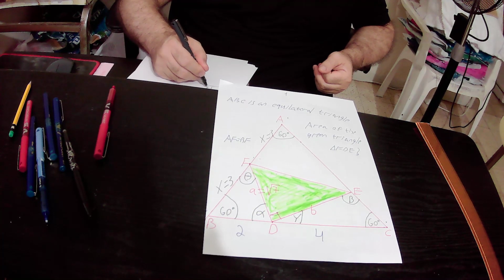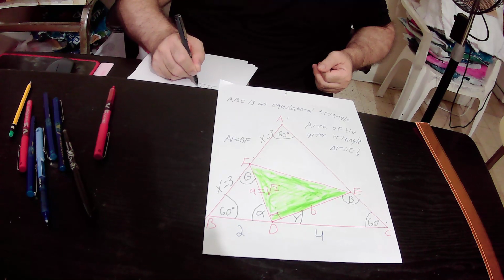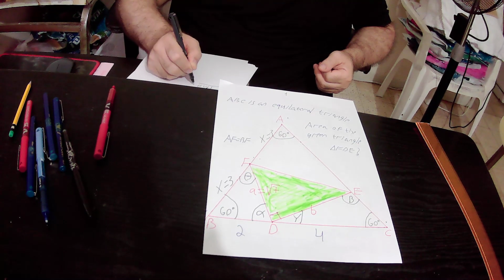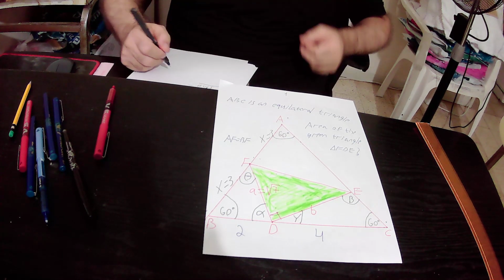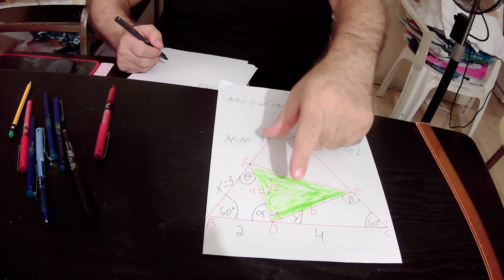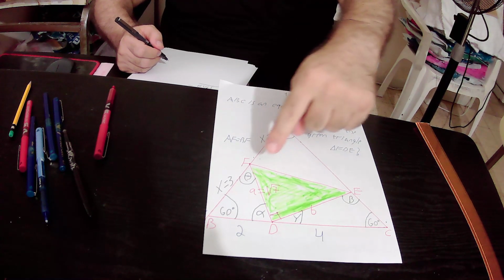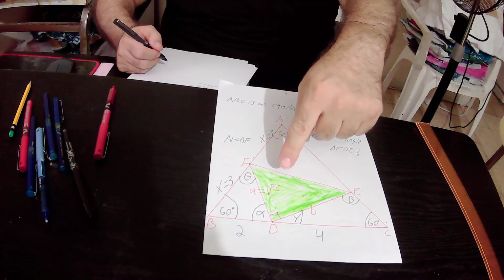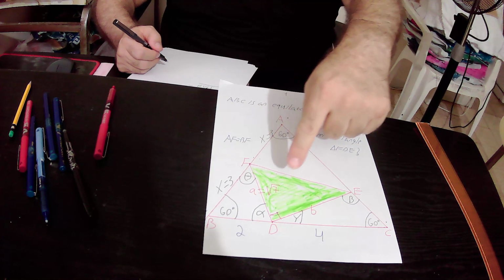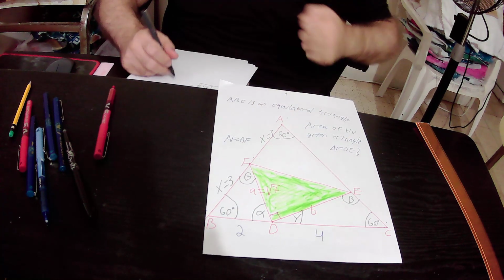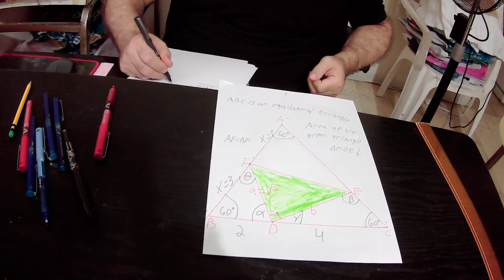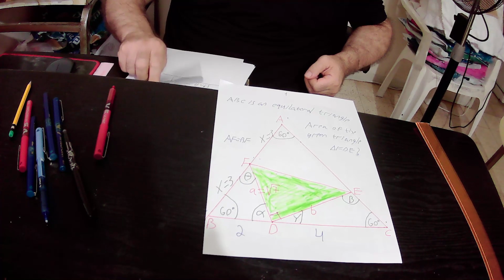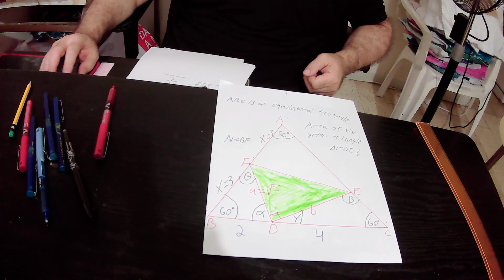So sine theta will remain as sine theta. 2 over sine theta equals DF. What is the value of DF? DF equals A, and A, we have already found, equals the root of 7 units. Root of 7 units over sine 60 degrees.